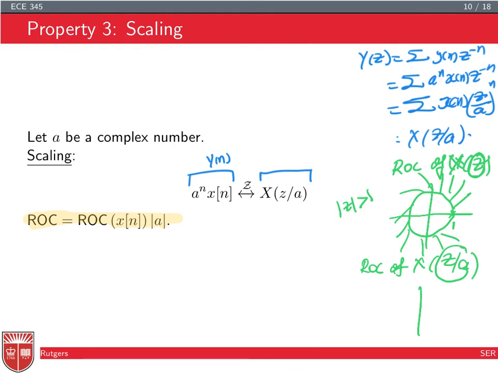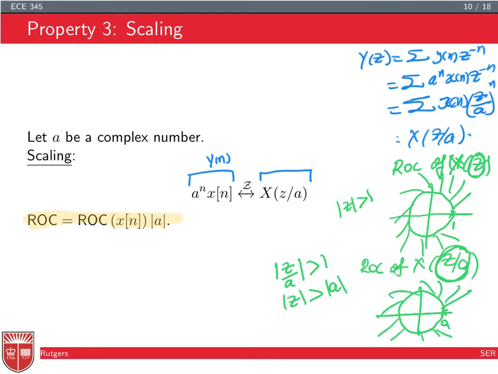And here it's the same thing, the norm of the argument greater than 1. So it's z divided by a greater than 1, which means that the norm of z is greater than the norm of a. And this is how you get the ROC of the scaled signal. So everything is scaled by a. Here it's the outside of a circle going through 1. Here it's the outside of a circle going through a. So that's what this means.